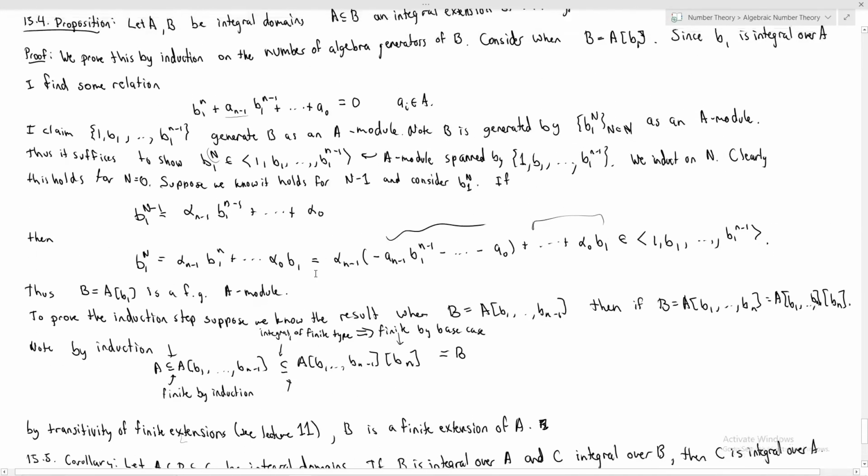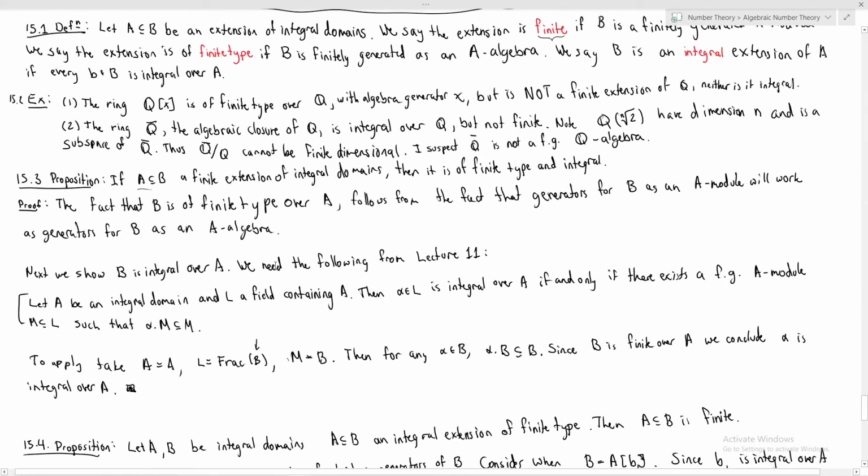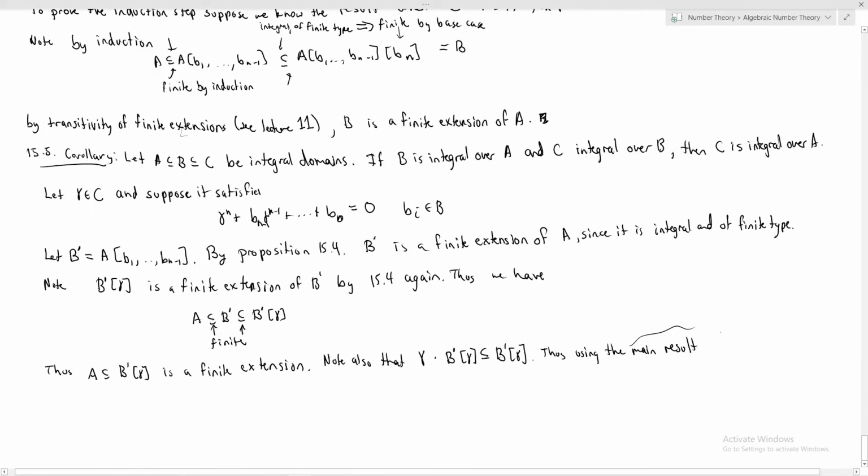What I mean in this instance is this: using this idea that I need a finitely generated A module M so that alpha times M is contained in M. We see gamma is integral over A. So I took a random element of C and showed that it is necessarily integral over A.